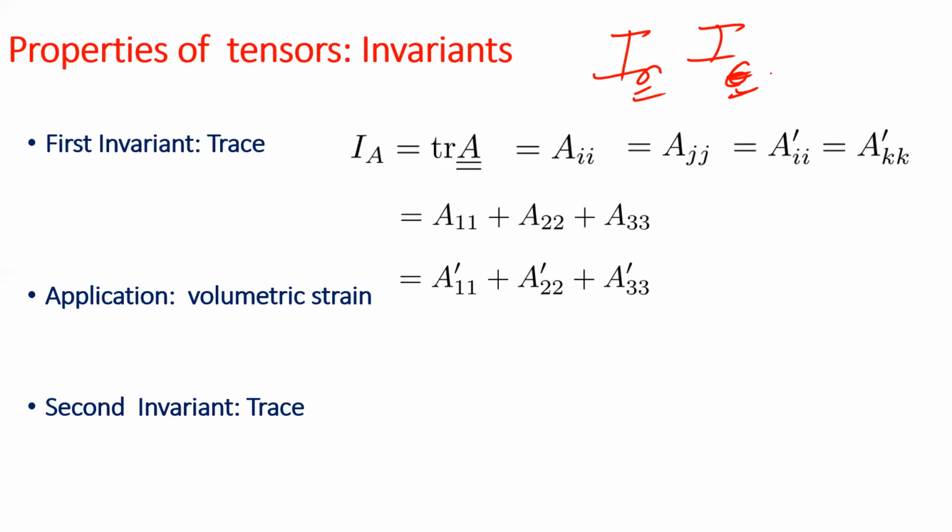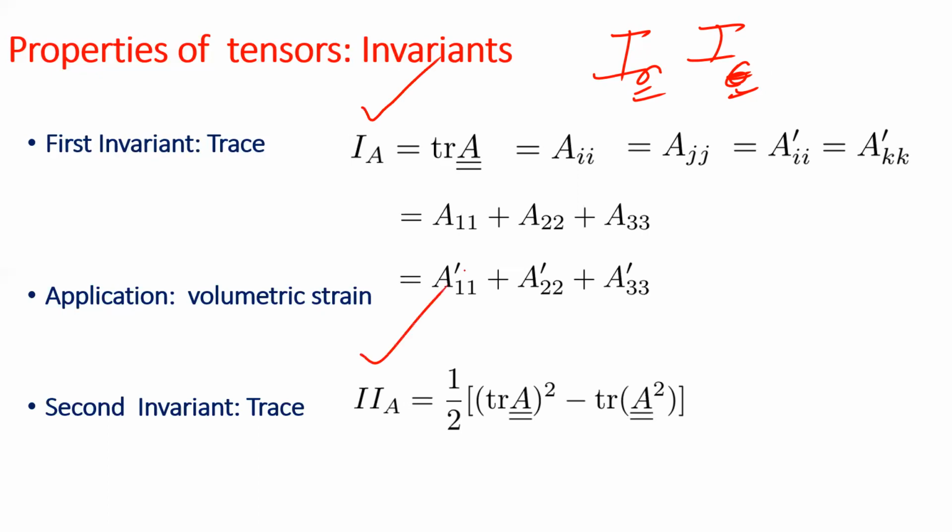Second invariant, sorry, that's a typo. It's not called trace. The second invariant involves the trace, but it is not called trace. It's a function of trace, you may want to say. So it is defined this way. How is this defined? When we solve the eigenvalue equations, we will see it. All these invariants, invariant 1, 2, all of them, we will actually extract when we solve a third order polynomial.